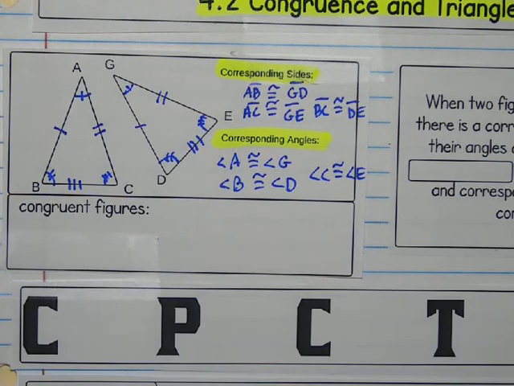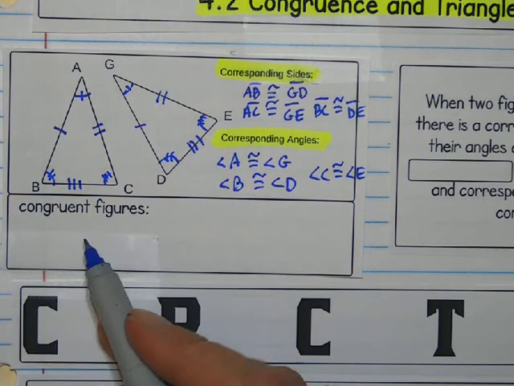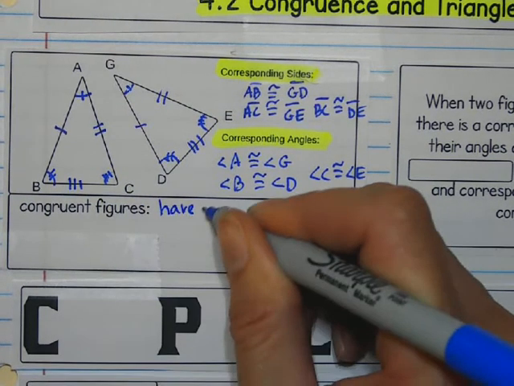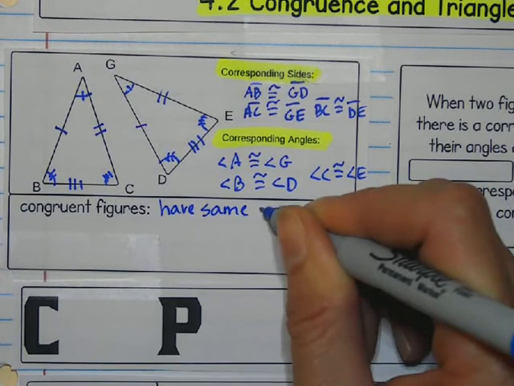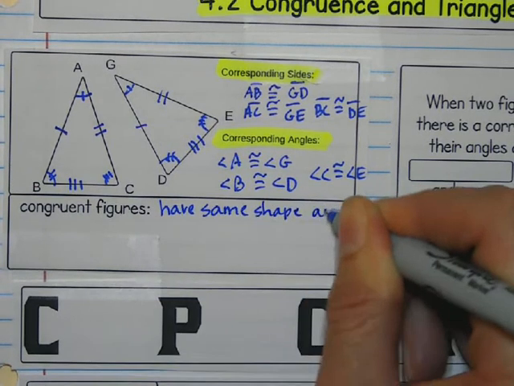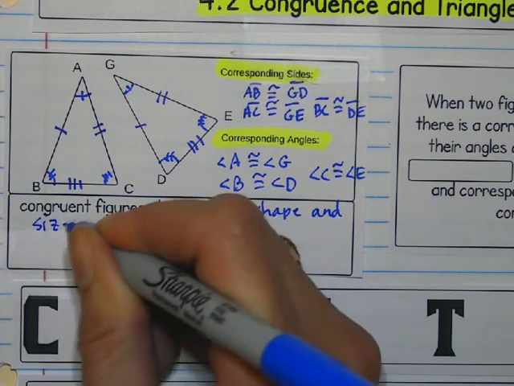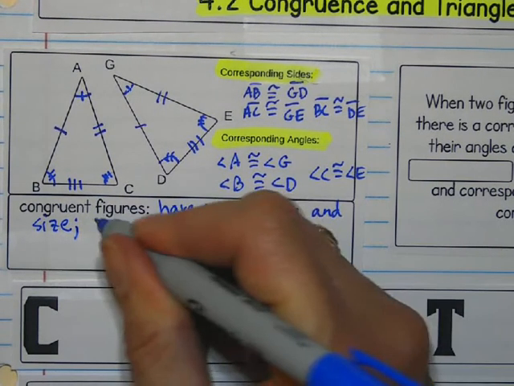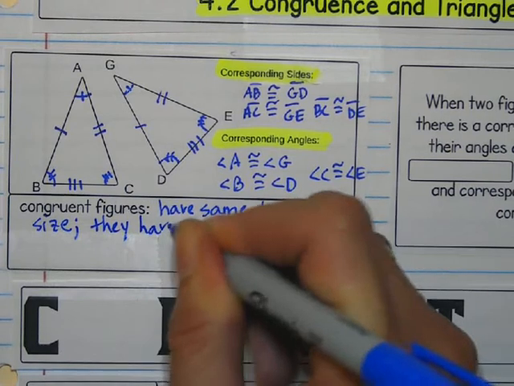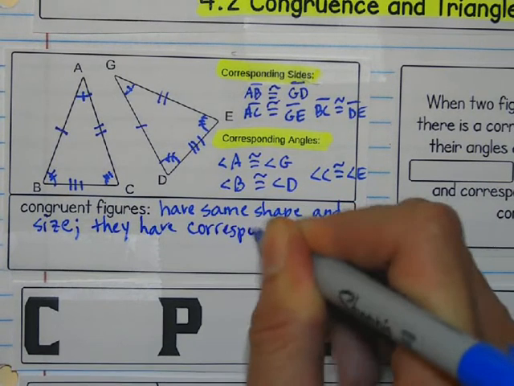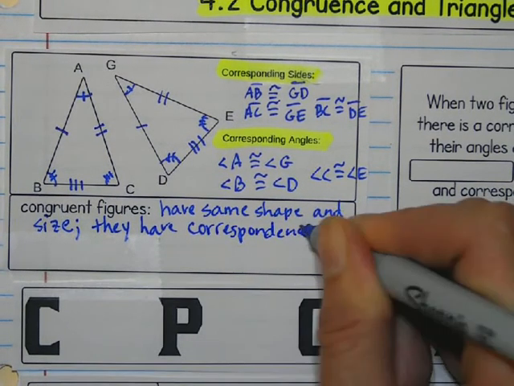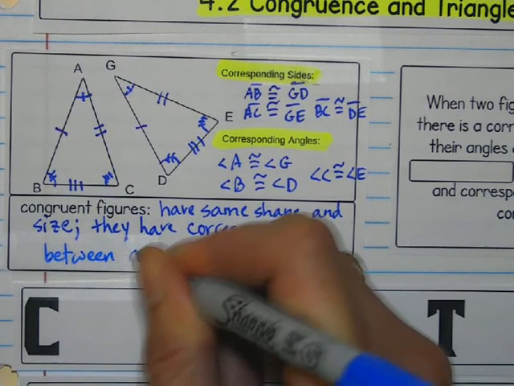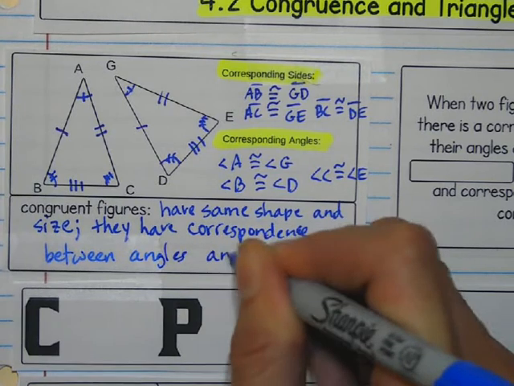So, in general, congruent figures have the same shape and size. They have correspondence between angles and sides. Everything about them is the same.